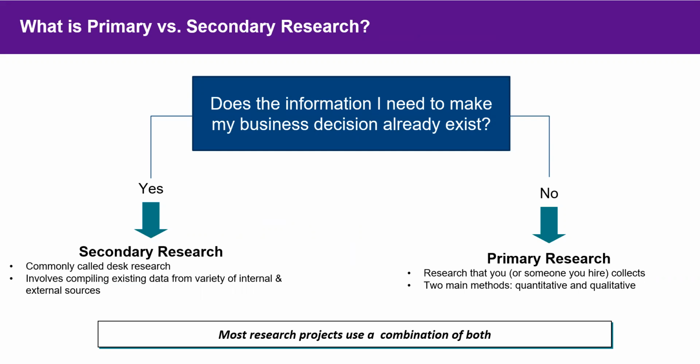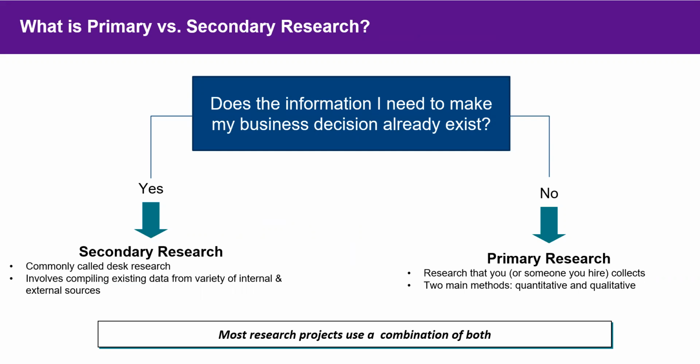If the research you need to make your business decision does not exist, then you are off to do primary research. So that is research that you or someone you hire collects for you. And as you probably know, there's two main parts of primary research that can be either quantitative or qualitative.